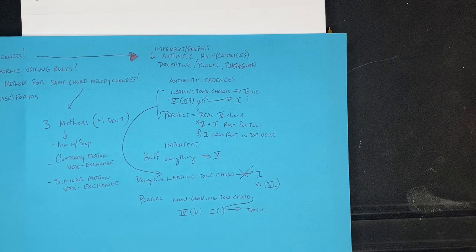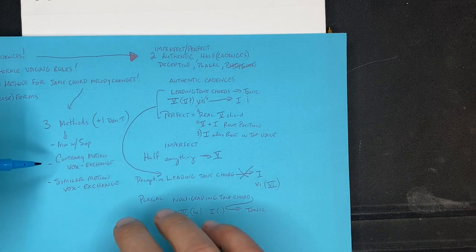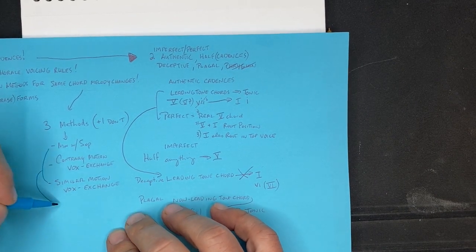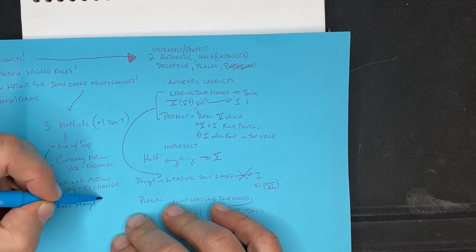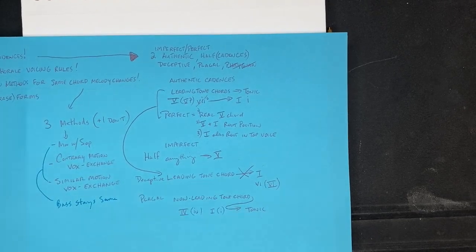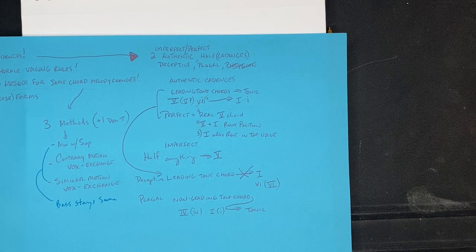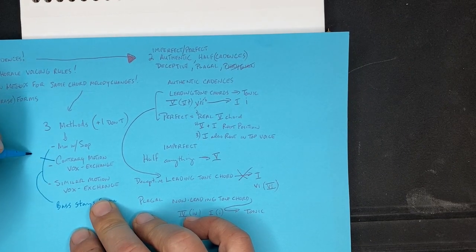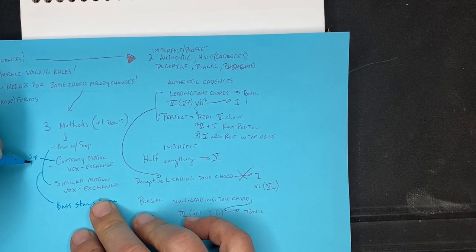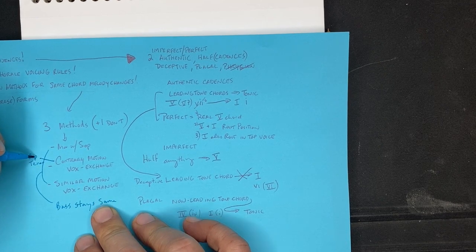So what I mean by compare and contrast is, for instance, all of these, the bass stays the same, right? So that's the same right there. But for instance, this one here is usually soprano and tenor moving.